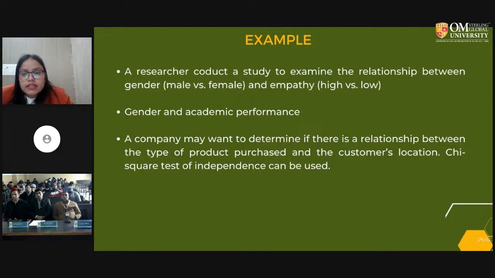So, whether there is an association between people belonging to a particular location, for example, I create two locations, urban and rural. In that case, I want to associate this variable with the type of product they are purchasing. So the chi-square test of independence can be used for understanding the relationship between two variables, whether there is an association between the two variables or not.